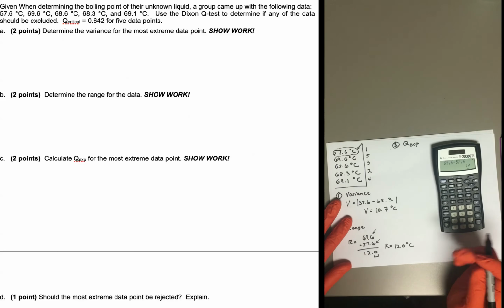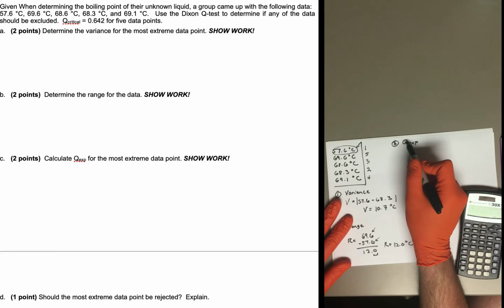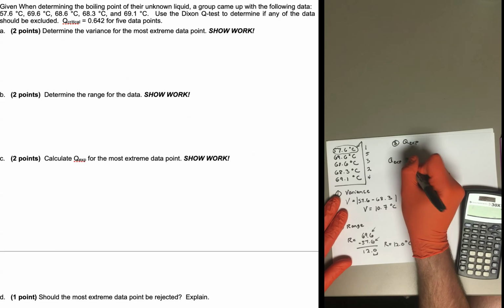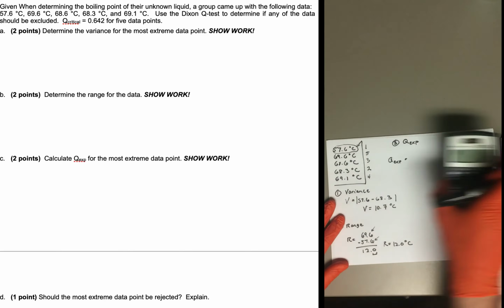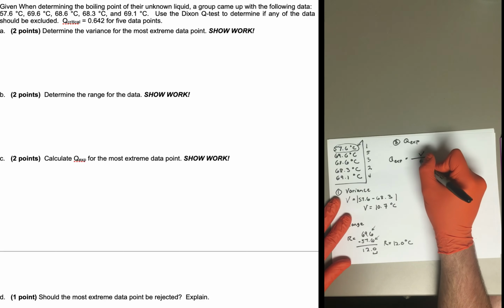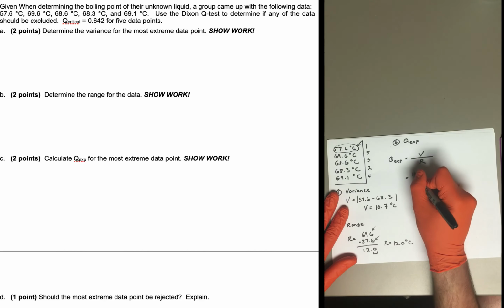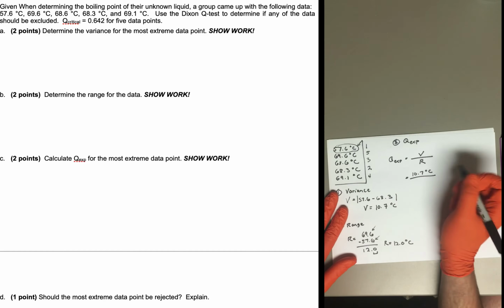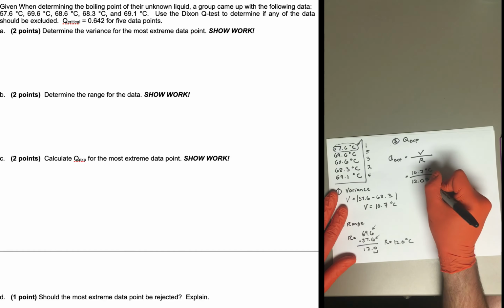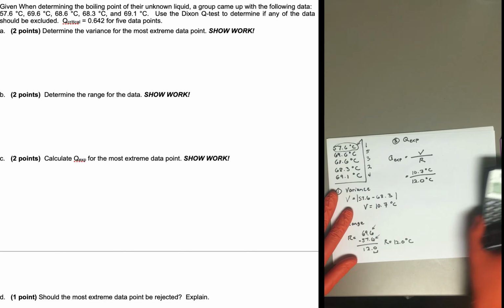Okay? Now, in order to calculate the experimental Q value, so if I want to calculate Q experimental, what I need to do is take, let me move this out of the way for a minute, the quotient of the variance and the range, okay? So that means I'm going to take this 10.7 degrees Celsius and then divide it by the range, which is 12.0 degrees Celsius. And let's see what that comes out to be.